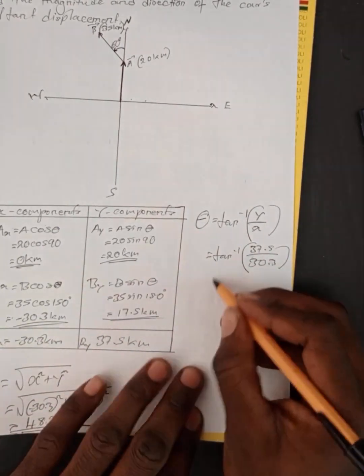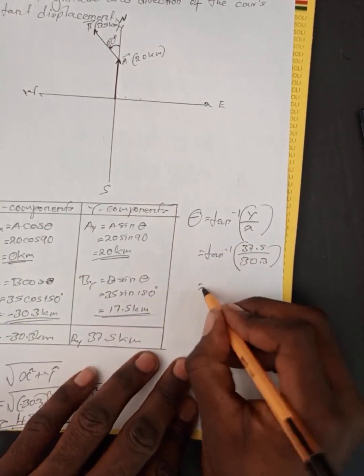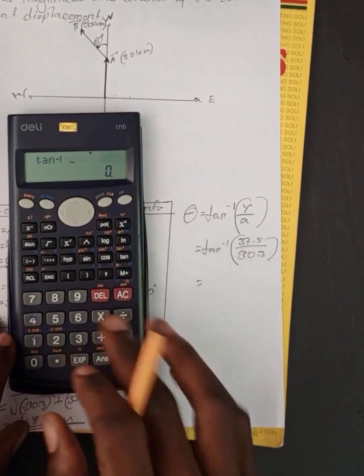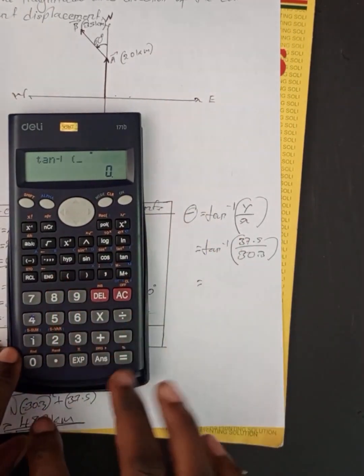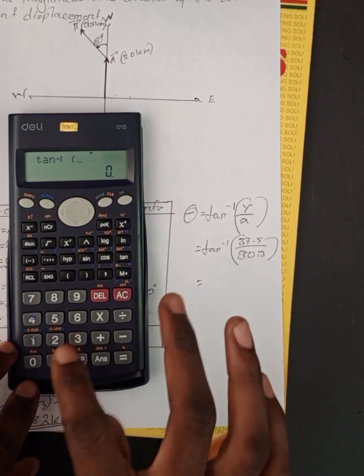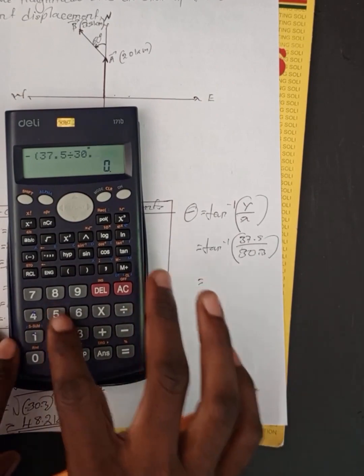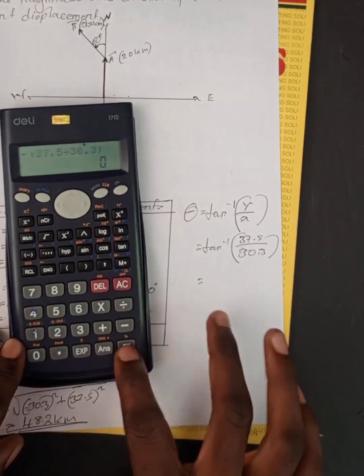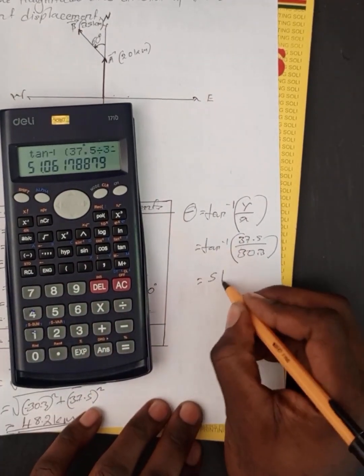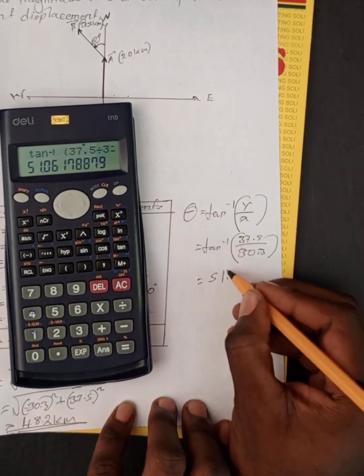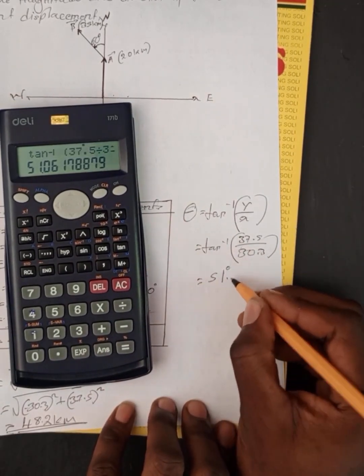So we have shift, tan, open bracket, 37.5 divided by 30.3. The answer is 51.06, or just 51 degrees.